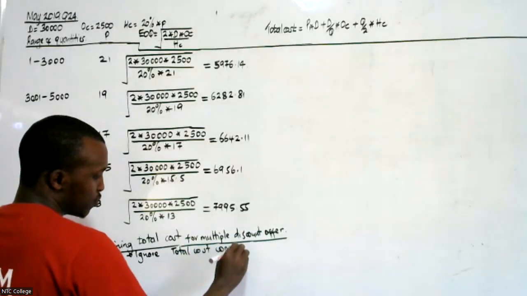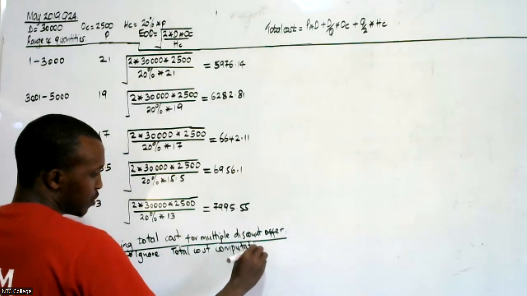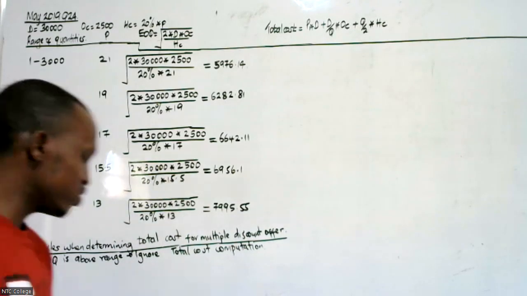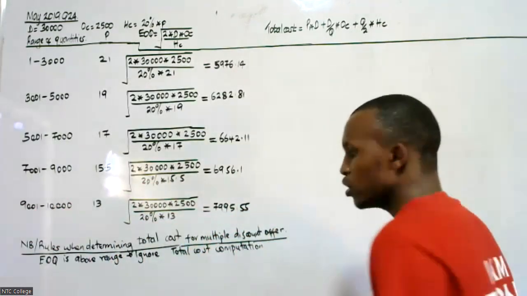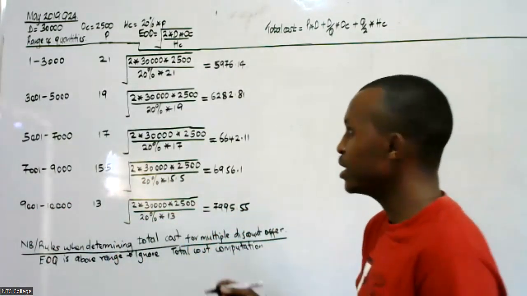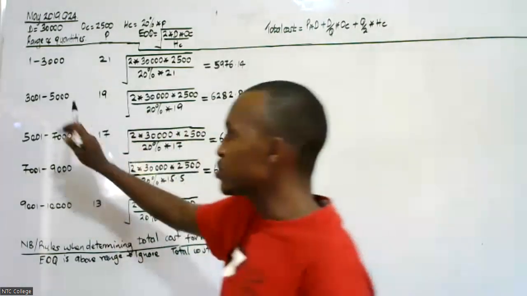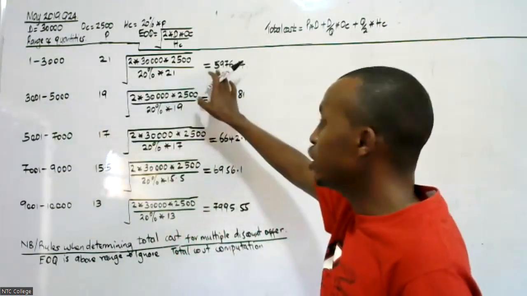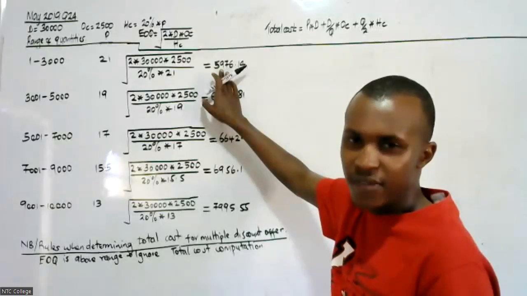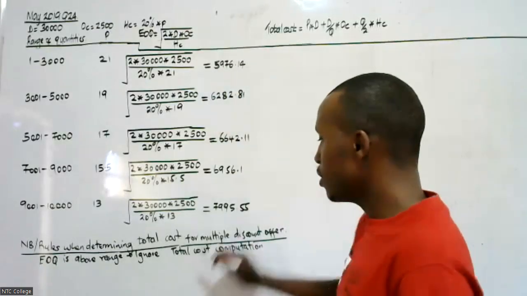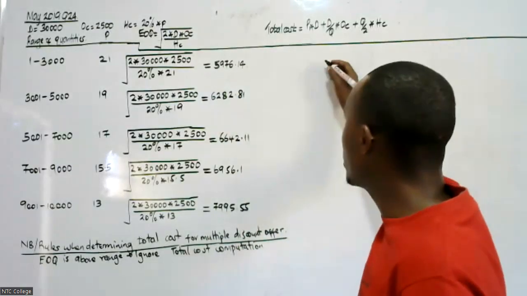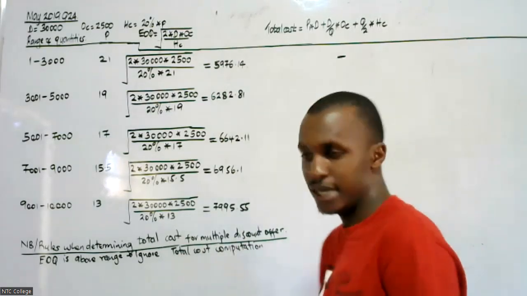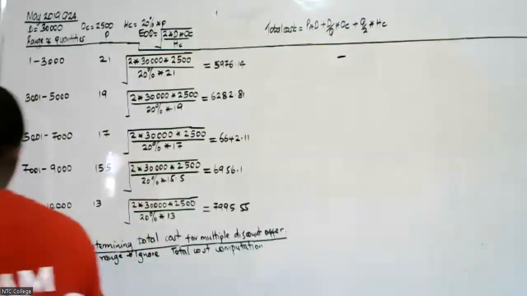So don't compute total cost. For example, here, with a range of 1 to 3,000 units, your cost is 21 with an EOQ of 5,976.14. Therefore, because it is above the range, you ignore. There you write a dash. Sawa?